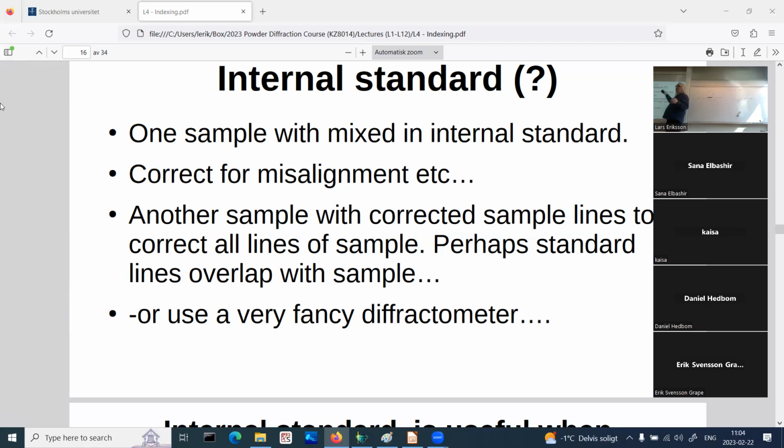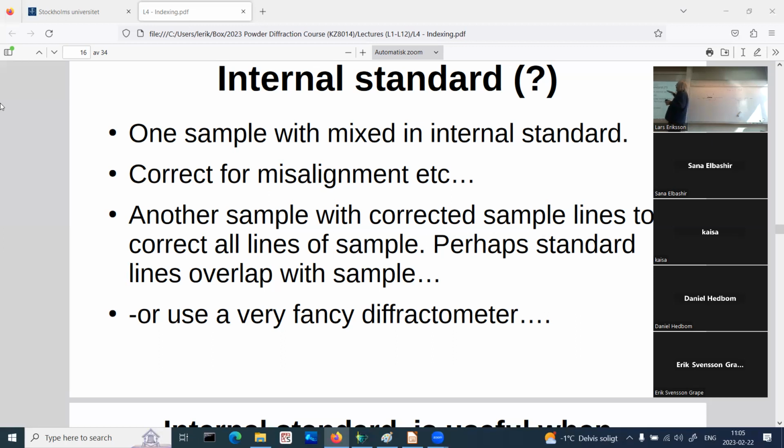That is, for example, silicon powder. You know where the peaks should be with silicon. And then even if they come at their own positions, it's quite easy to identify this peak and this peak as silicon. And you can correct for misalignment in different ways.